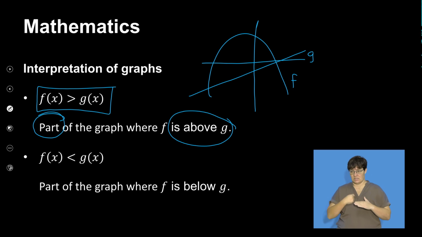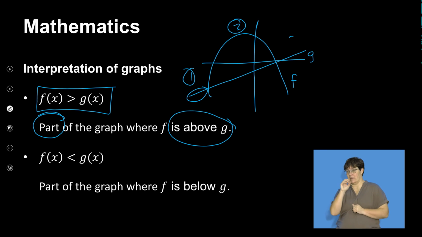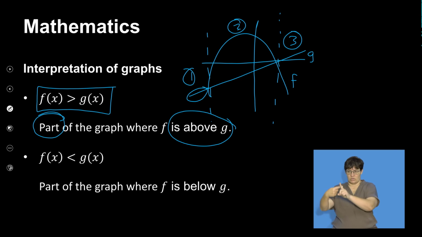So you can see that here the straight line graph is above, so I'll call this section number 1, or segment number 1, and this will be segment number 2, and that side will be segment number 3. And I will be using where the graphs are intersecting in order to name my segments. In segment number 1, you can see the straight line is the one that's above, so it does not hold.